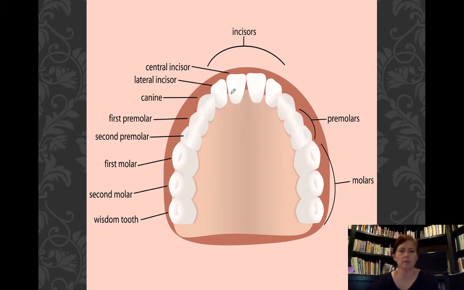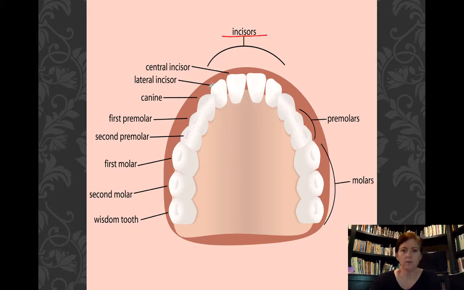They start coming in at about 6 months old, and then they eventually fall out, and your permanent teeth will come in after that. So you have 32 total teeth, and they are classified in our mouth according to the way that they're shaped and the types of functions that they do. So the first class are going to be incisors.